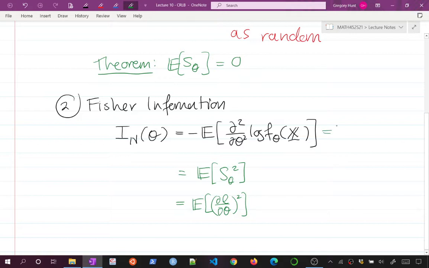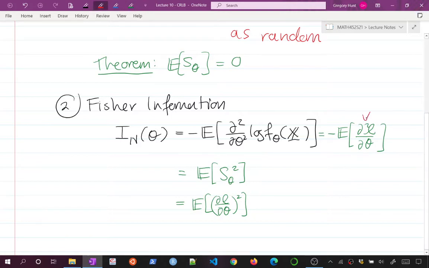Alternatively, you can think of this as the negative expected value of the second derivative of the log likelihood.